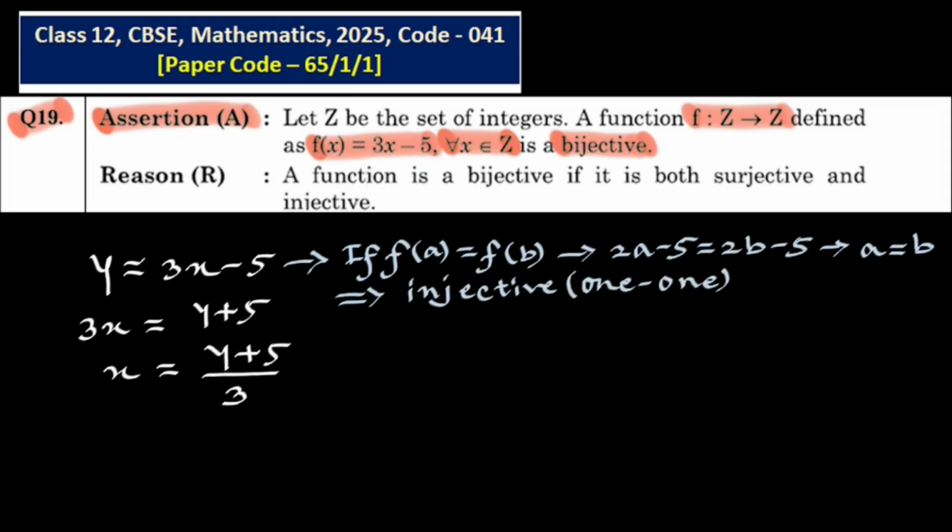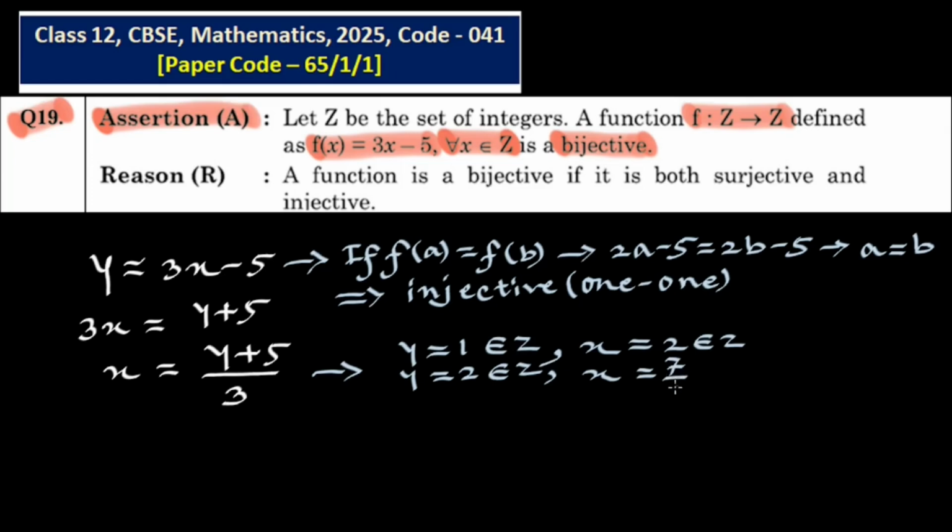If we express x in terms of y here, for integer y equals 1, we get x equals 6 upon 3, which is 2, also an integer. But if we take y equals 2, being an integer, we get x equals 7 upon 3, which is not an integer, implying it is not surjective, that is onto.